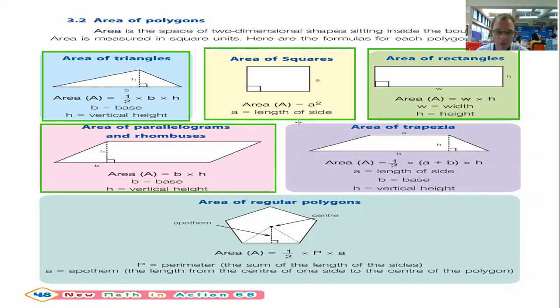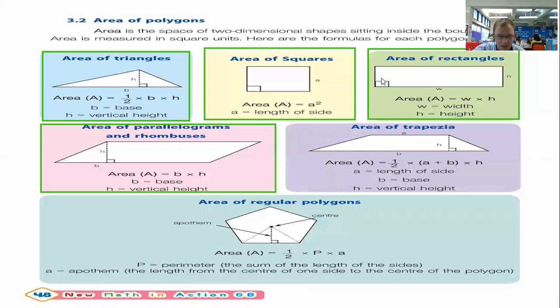So what is the formula for the area of a parallelogram or a rhombus? It's also base times height, but this height is a vertical height. Where do we find vertical heights? Where there is triangles. So you can see in the area of a triangle, they also talk about vertical height. And the area of parallelograms, rhombuses, and trapezia, they also use H as vertical height.